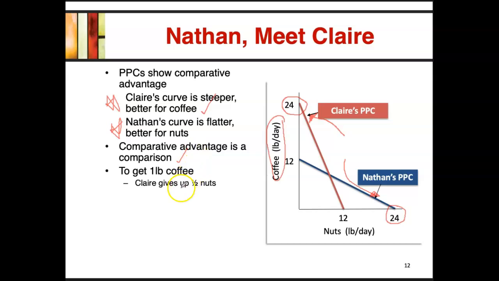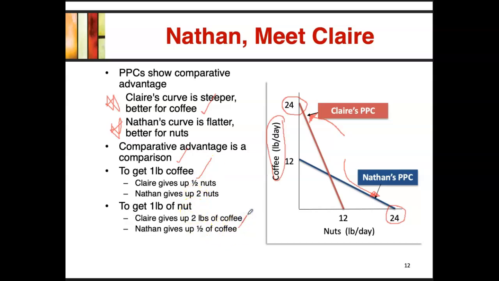To get 1 pound of coffee, Claire gives up half a pound of nuts, and Nathan gives up 2 nuts. So Claire should produce coffee. And to get 1 pound of nuts, Claire gives up 2 pounds of coffee, and Nathan gives up half a pound of coffee. So Nathan should produce nuts.